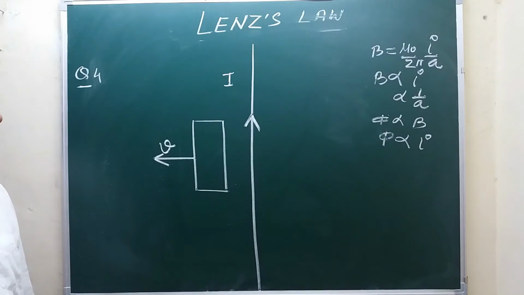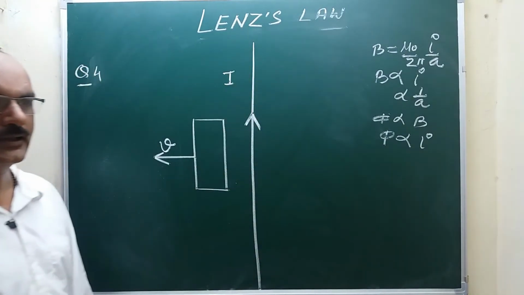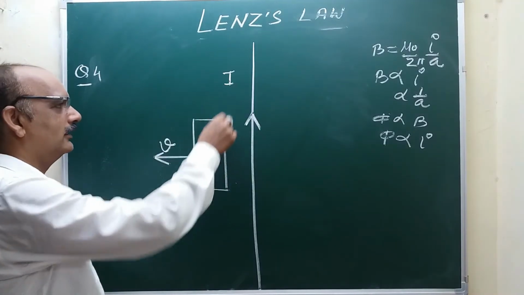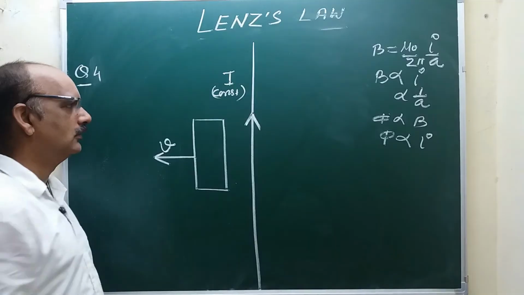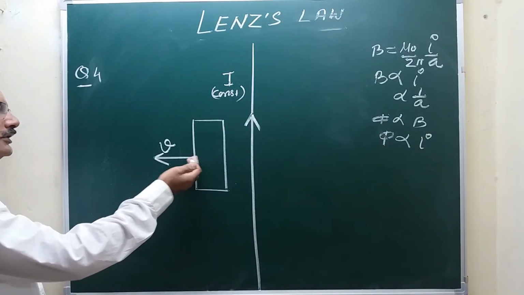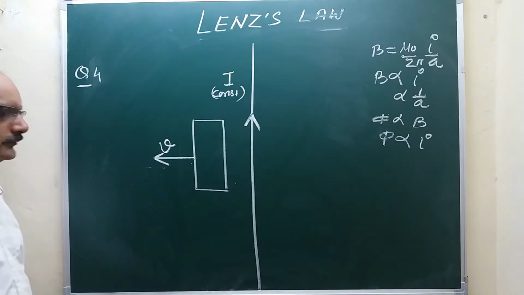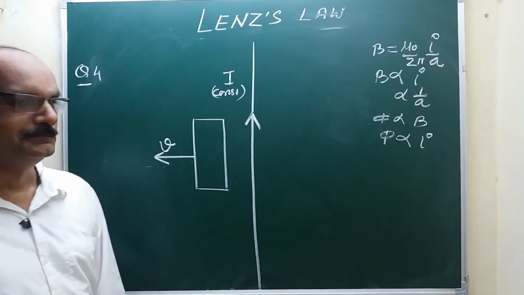In question number 4, this is an infinitely long current carrying conductor carrying constant current I, where I is constant now. And this rectangular coil is moving with velocity v in this direction. What will be the direction of induced current in this coil?